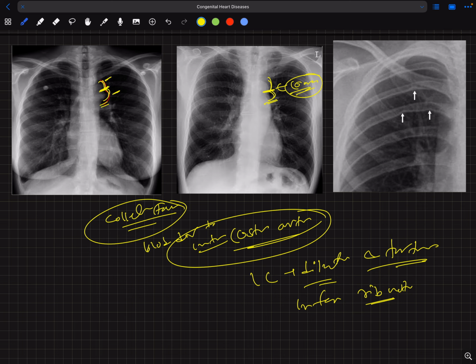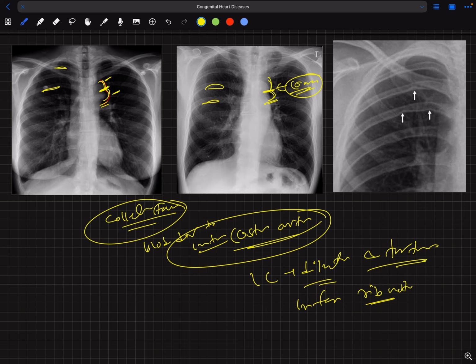Another thing, as I told you, is inferior rib notching. Here you can see there is some abnormality in this part of the rib, and in this part of the rib also. The lower border of the rib is not clearly visible. That is called inferior rib notching. The same thing can be seen here also.